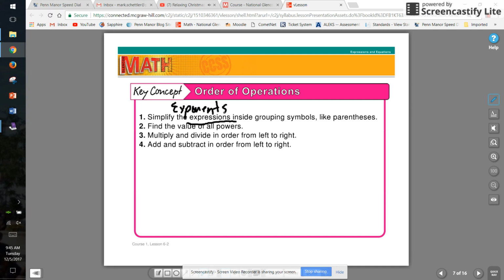An exponent. How about an example? Okay. So how about 6 to the power of 4? So you would do 6 times 6 times 6 times 6.